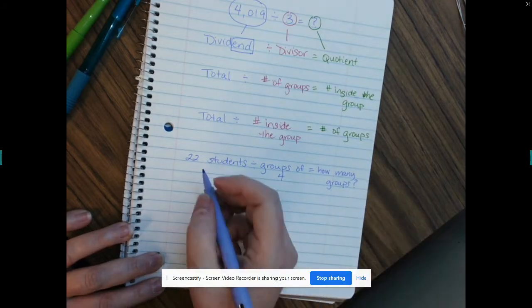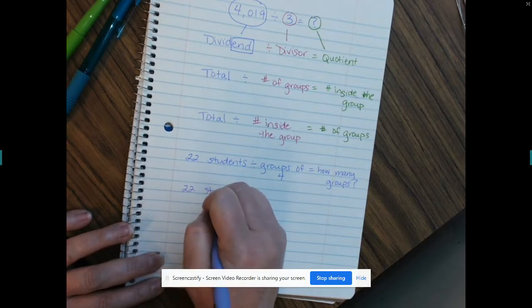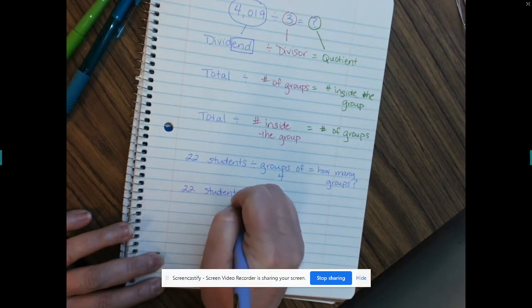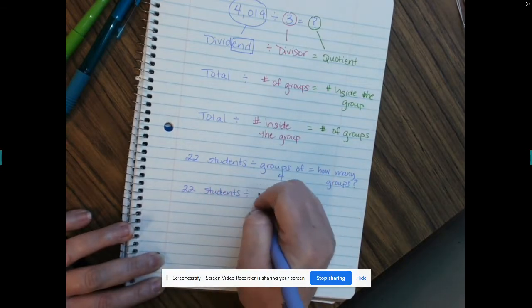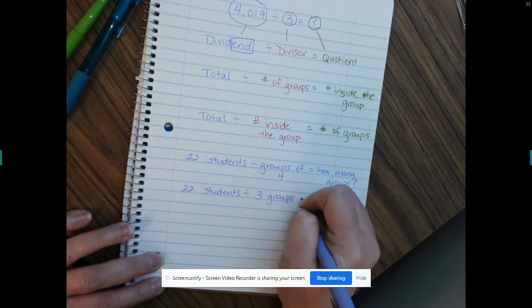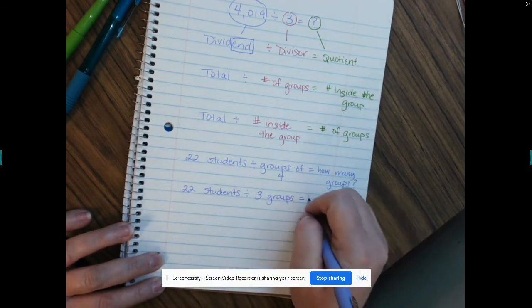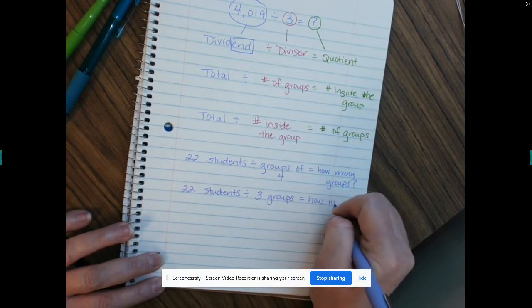Or conversely, I could say that I have 22 students and I want to divide them amongst 3 different groups. So if I divided them into 3 different groups, how many students would be in each group?